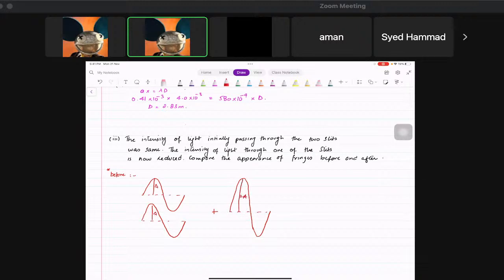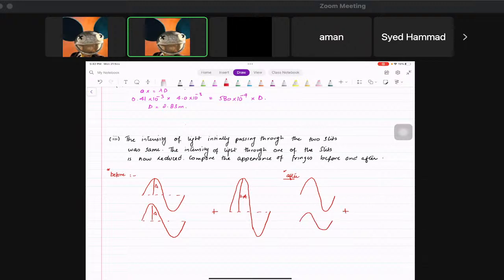Alright, now think about it this way. So in the destructive one, it would have been, now, afterwards, one wave is the same as before, but the other one now has a smaller intensity, which means smaller amplitude.